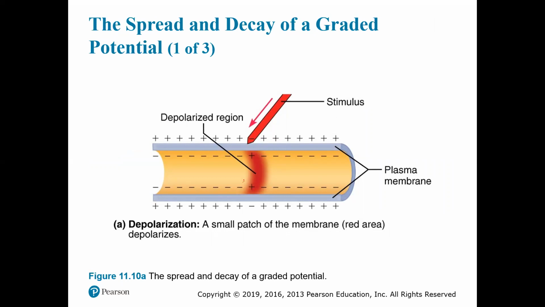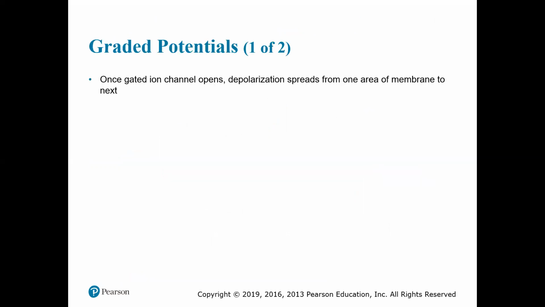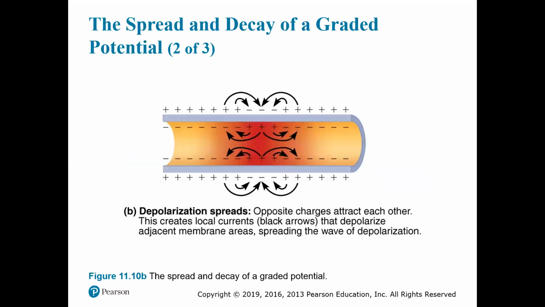So again, this is just showing a small patch of depolarization where that stimulus will cause the sodium to come in to make it more positive at that segment. It's not telling you the whole picture of what's going to happen along the length of the axon, though. So again, it goes from segment to segment. In this case, there's depolarization.